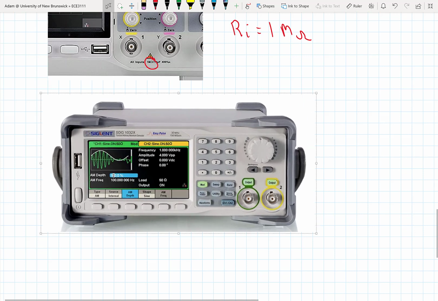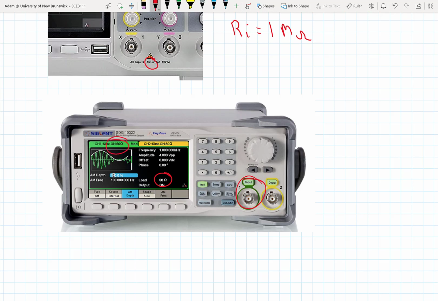So here's a signal generator that I've just grabbed off Amazon, and maybe not quite so obvious, but it's giving the settings for this output channel, and you'll see that down here it's shown, and actually you can change the output resistance. We won't get into the reasons why right here, but this device actually has it set for an output resistance of 50 ohms.